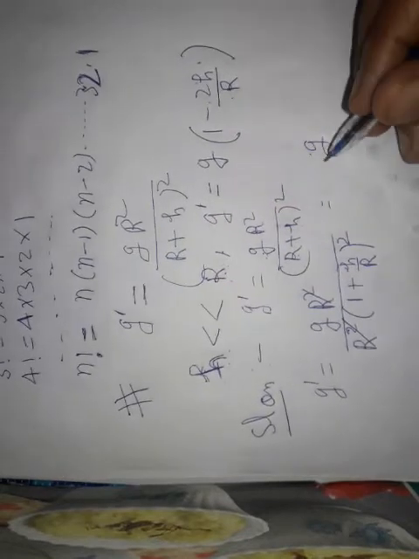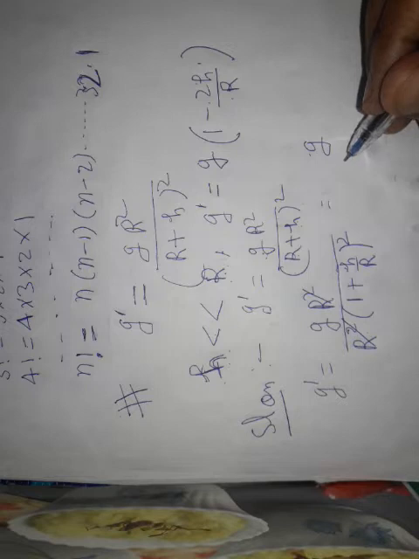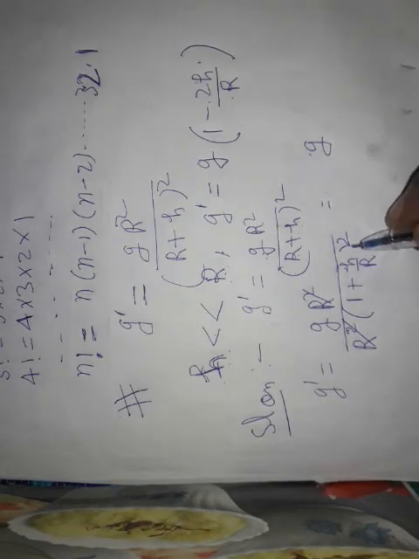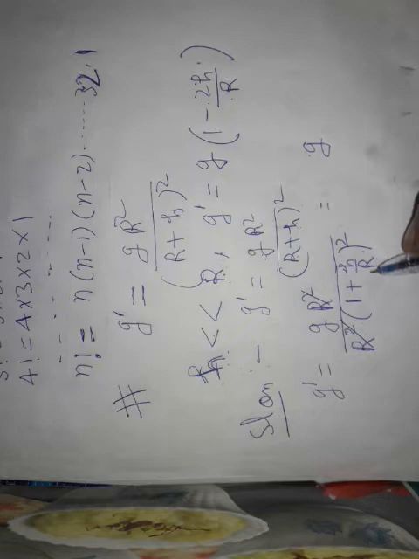And here we get g dash equal to g, this bracket has power 2 in the denominator.